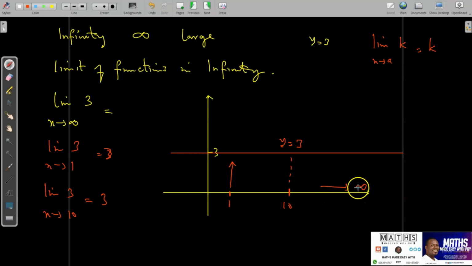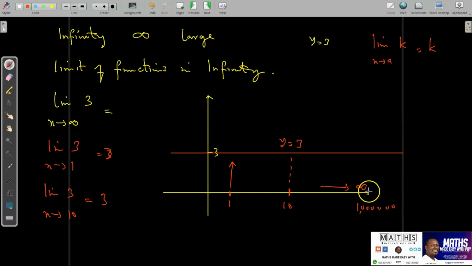So again, coming here, as x approaches infinity, it can be 100, it can be 1000, it can be 2000, it even could be 1 million. So the question now is, limit of 3 as x approaches 1 million.